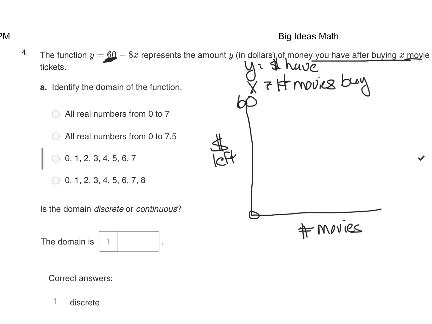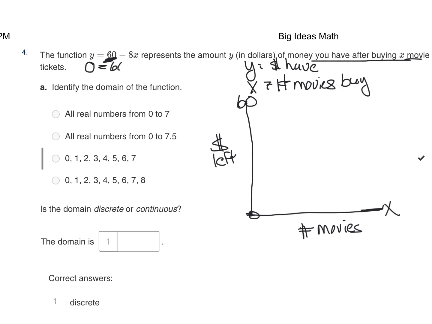So I need to know, when is my y 0? When am I out of money? Okay, so that would be my x-intercept. All right, so when am I out of money? So y represents the money remaining.